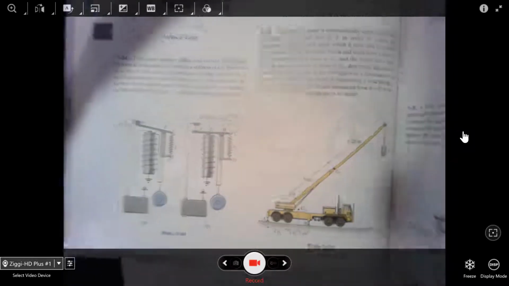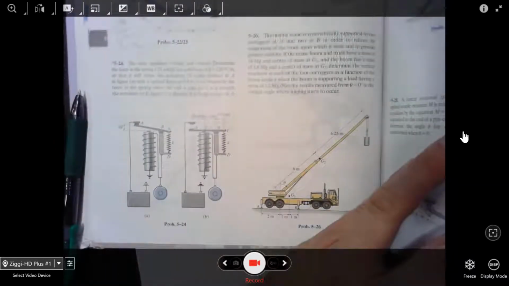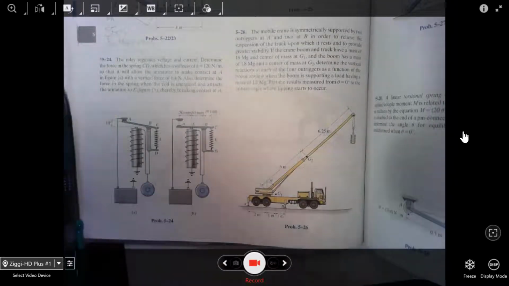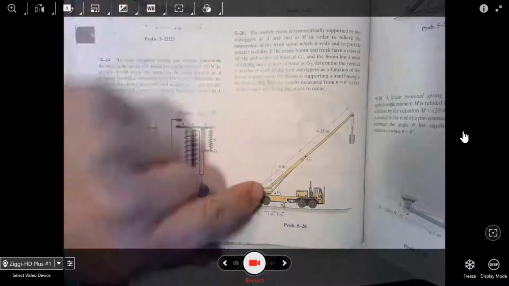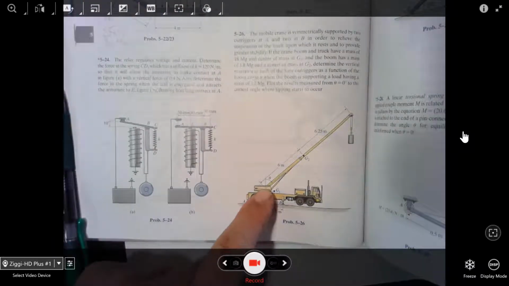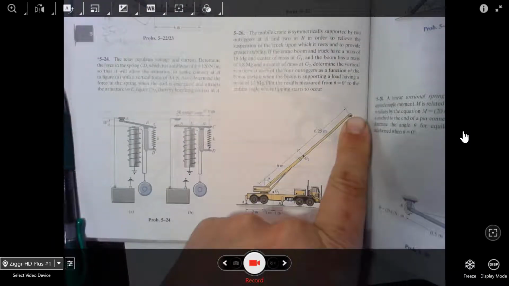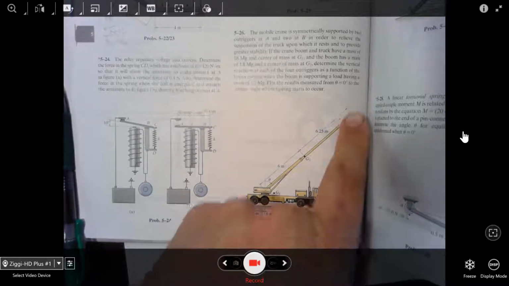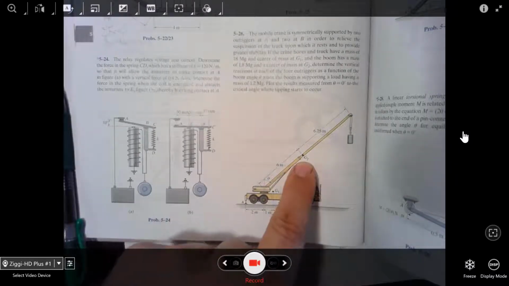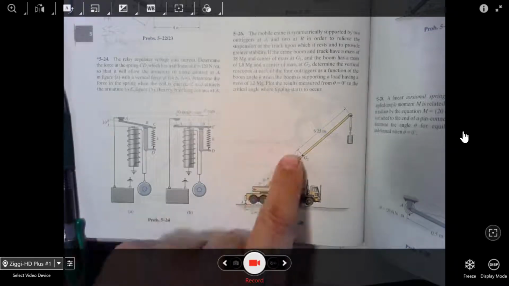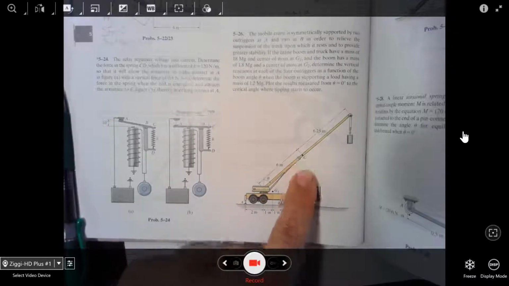We don't really need to look at the problem, but if you just look at the picture, okay, the boom of the crane, which I'm going to say goes kind of down here from the pivot point all the way up to the load up here, would that be a two-force member? You have to notice that it has this G2, so we must assume that the problem is telling us that it has some mass that's located there in the center.